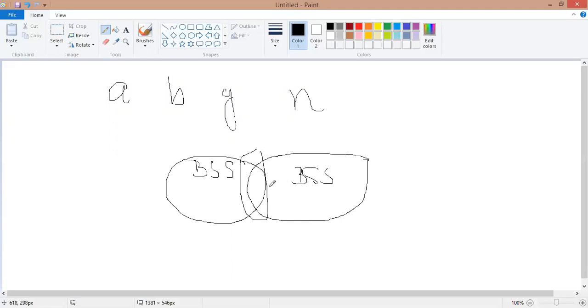Then some node may be present over here. This is our station. This station may access the information from this side, from this access point, or it may access from this access point.